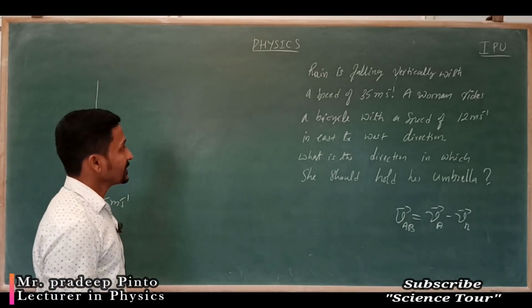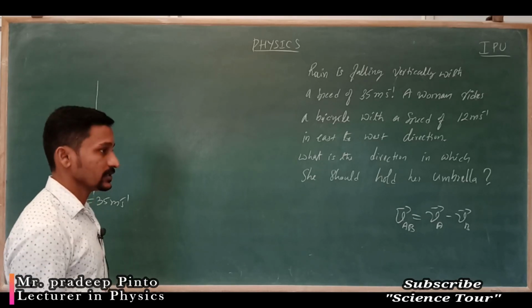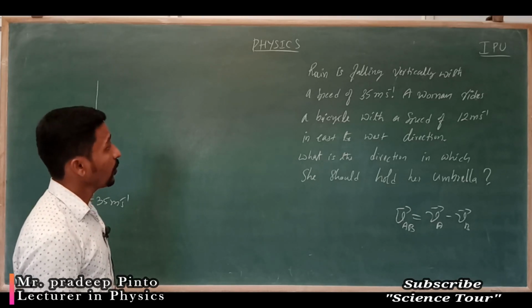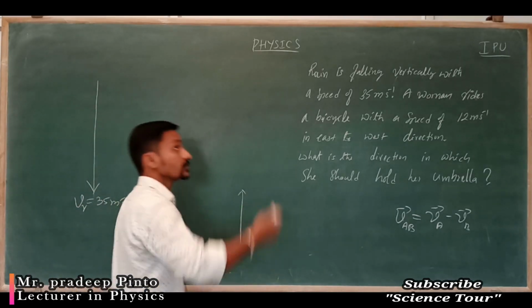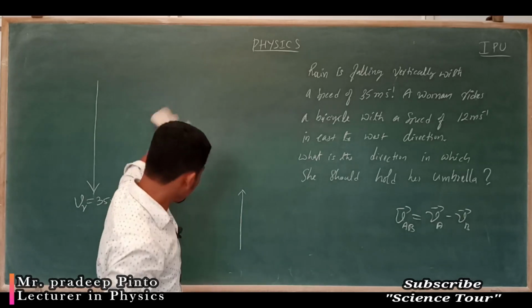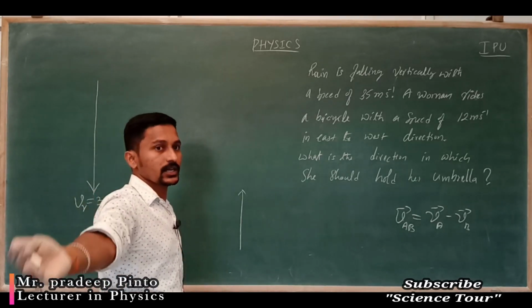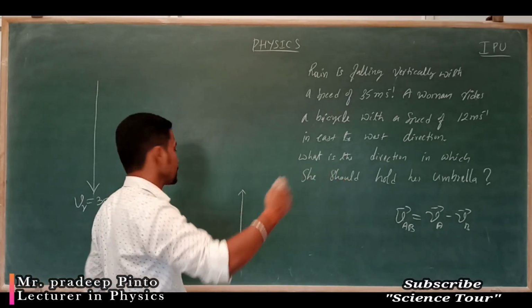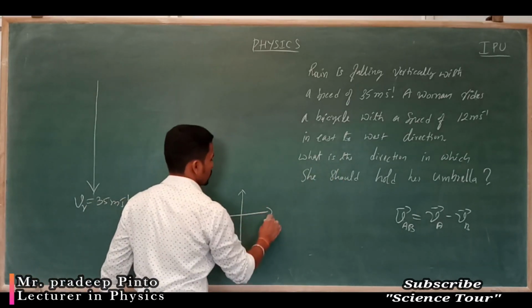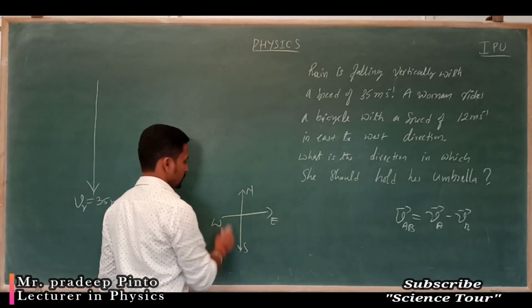A woman rides a bicycle with the speed of 12 meter per second, say from east to west direction. Say for example, vertically rain is falling, that is north, this is south, then it will be east and that will be west. So east, west, north, south.